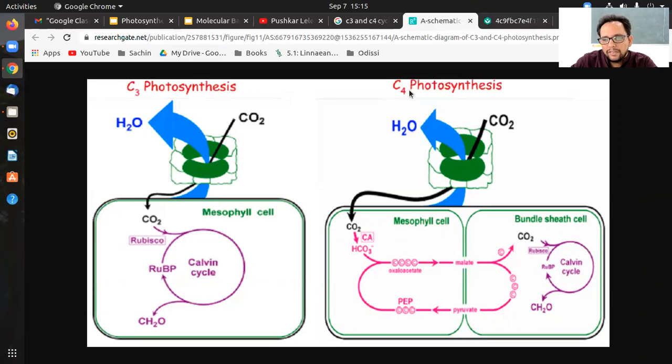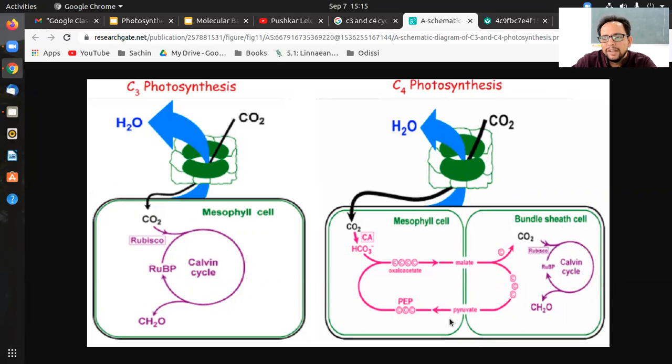Now in C4 plants or C4 photosynthesis, what happens is this Calvin cycle is associated with compounds which are oxaloacetate and malate, which are C4 in nature. That means they have 4 carbons. You can see here 1, 2, 3, 4. So these are 4 carbon precursor molecules which are involved in this photosynthetic reaction, and then they form the glucose molecule.